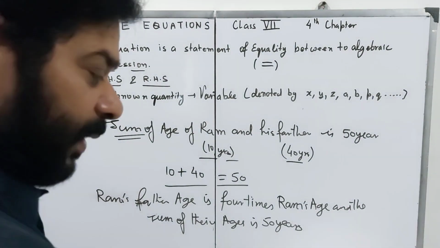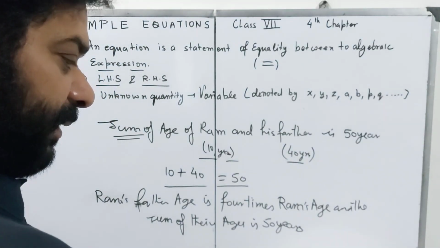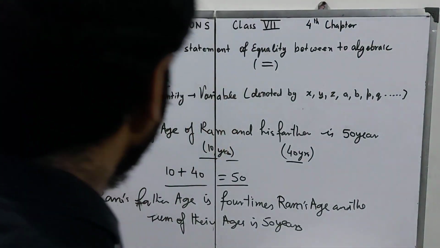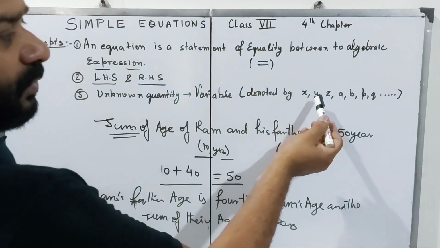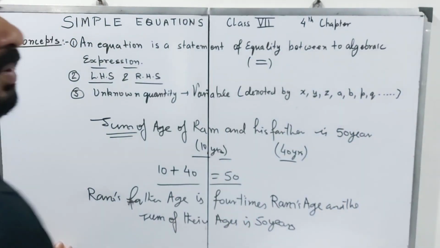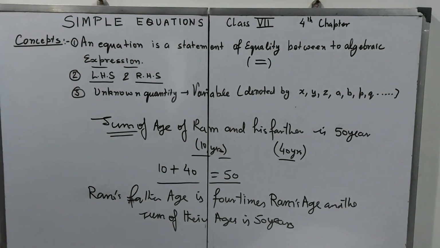Any unknown quantity in a statement we can take as a variable, either x or y, z, any small letter of the alphabet.